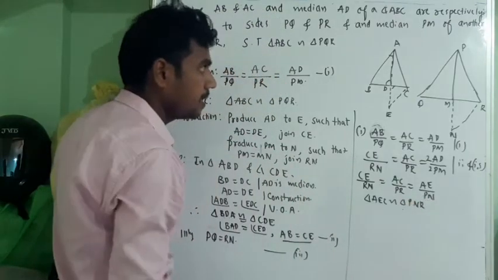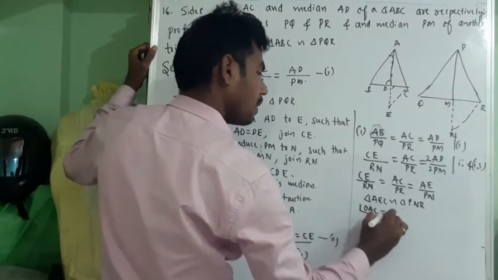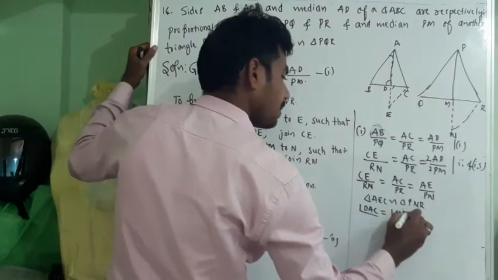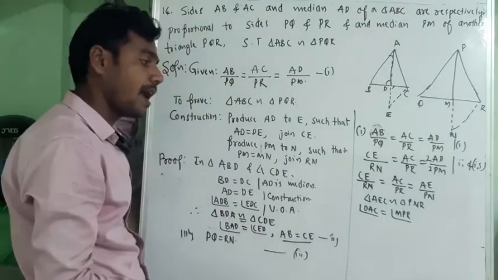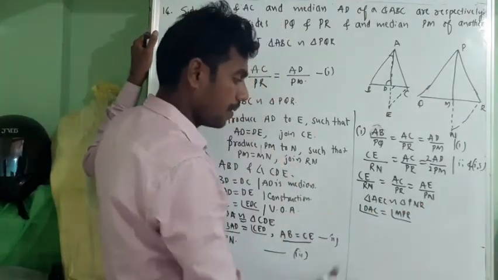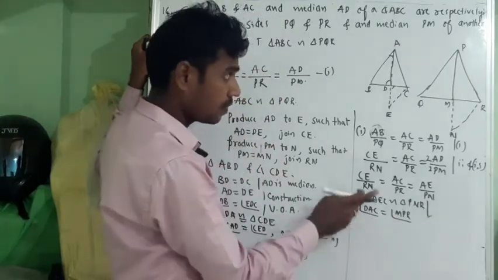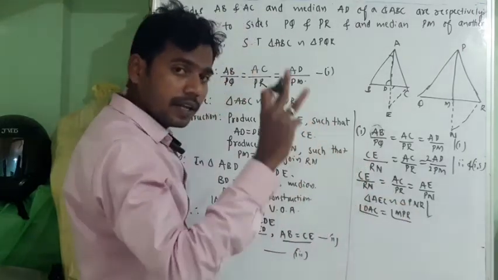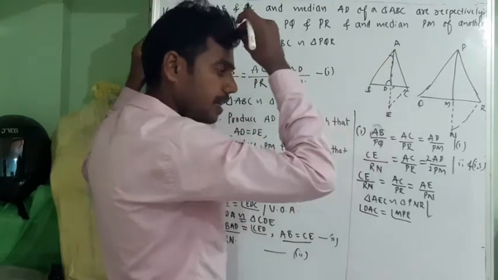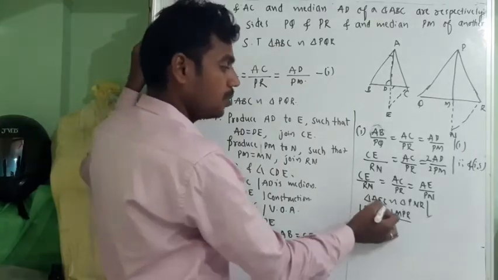In this, what can I say? Angle DAC is equal to angle MPR. Corresponding angles of similar triangles are equal. If you want to write the reason, you should write: if the corresponding three sides of one triangle are proportional to the corresponding three sides of another triangle, then those two triangles are similar.